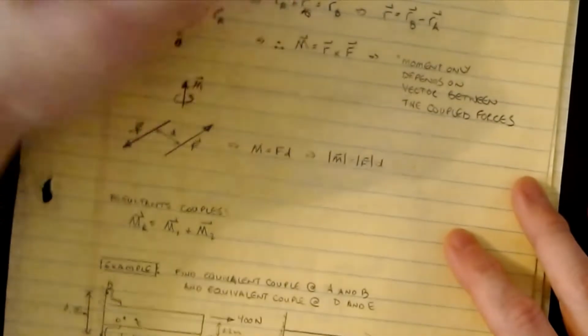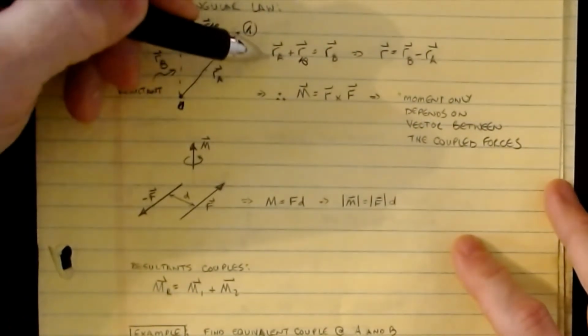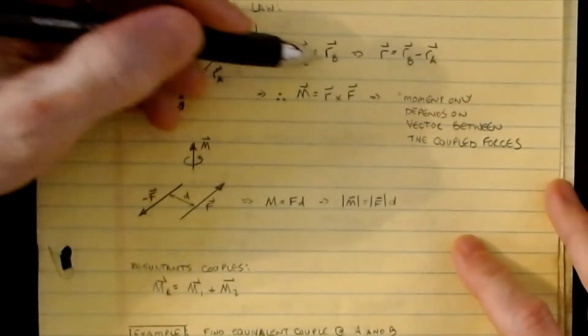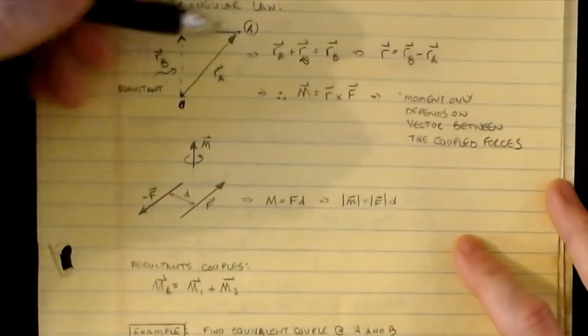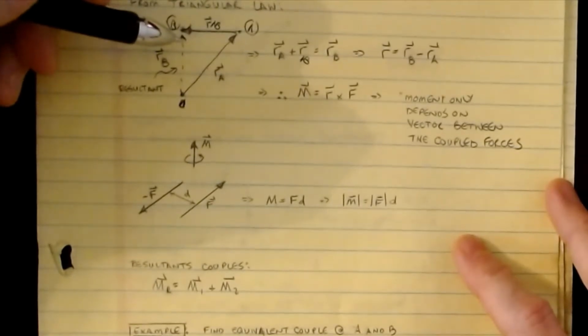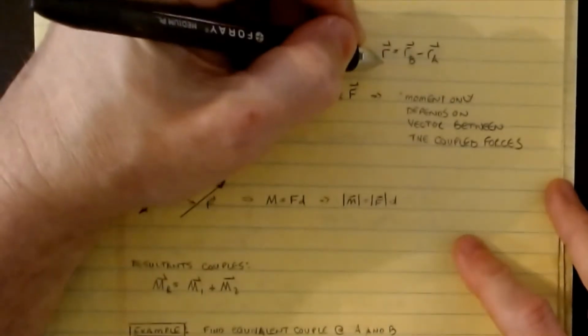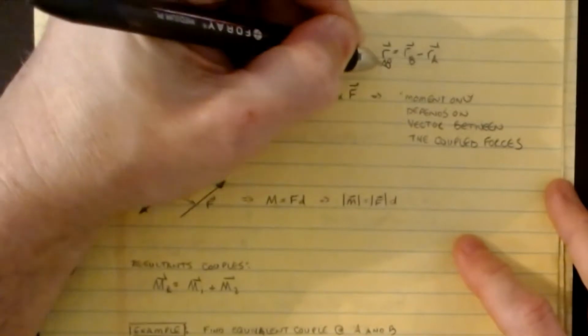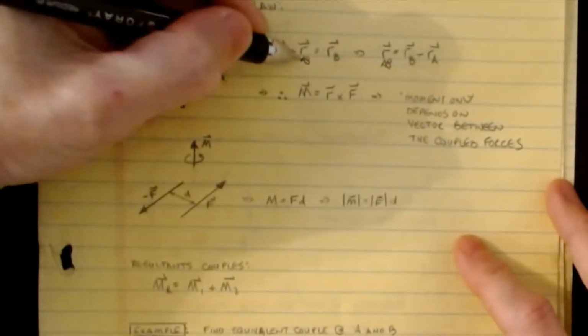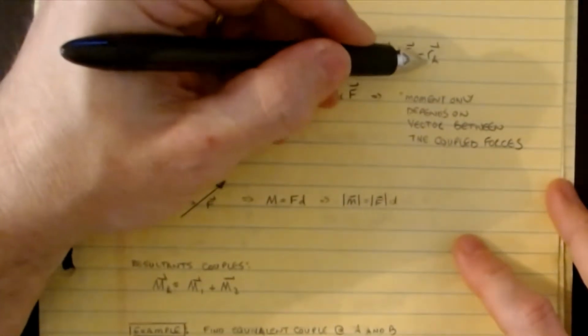Now if we write our vector relationships, RA plus RAB is equal to RB. That was our vector addition for these position vectors. If I rearrange this a little bit, the RAB vector is going to be equal to RB minus RA.